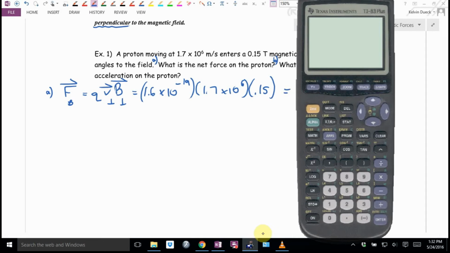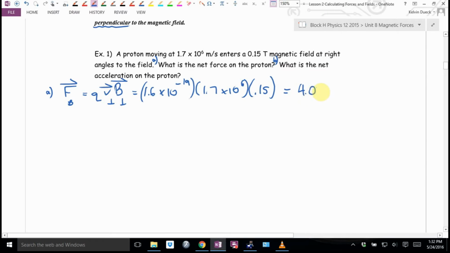And I get a force of 1.6 times 10 to the negative 19 times 1.7, scientific notation button 6, times 0.15. I get 4.08 times 10 to the negative 14. And it's a force, newtons. Now that might not seem big. It's massive.